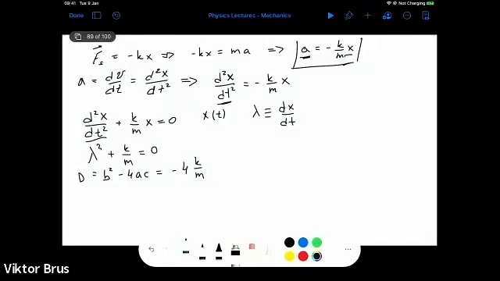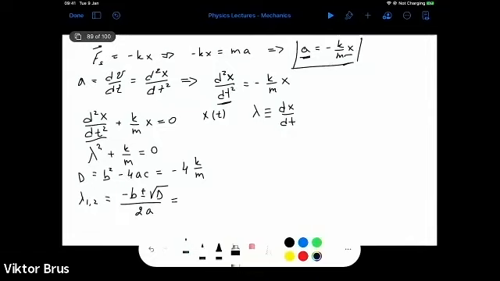So let's go and get this solution. So lambda 1, 2, we will get two solutions, of course, will be equal, again the standard equation to be consistent: minus b plus minus the square root of the discriminant divided by 2a.